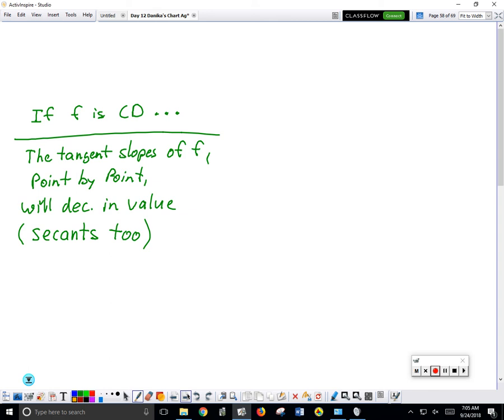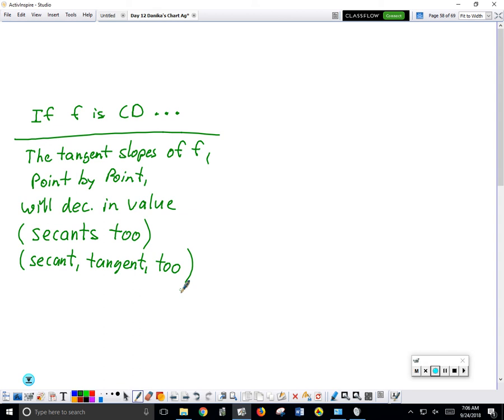So anyway, I would have this flashcard. It says if a function is concave down, then the tangent slopes or the secant slopes, you might want to add this to the flashcard. So secant, tangent, secant.